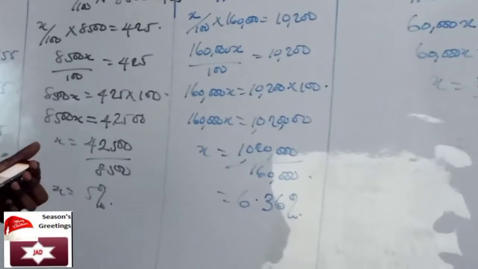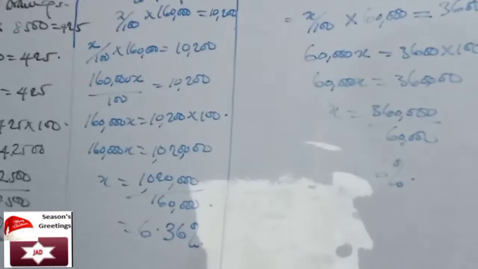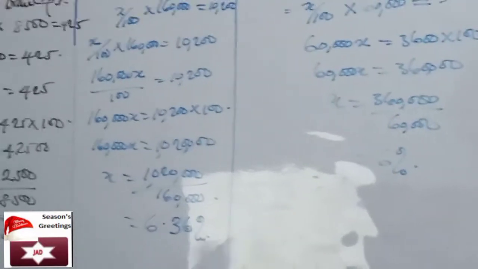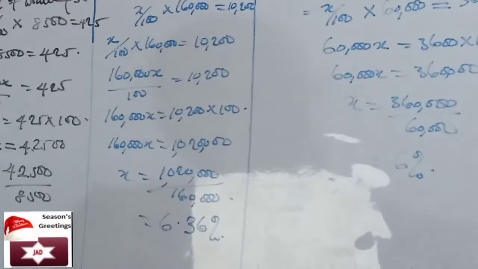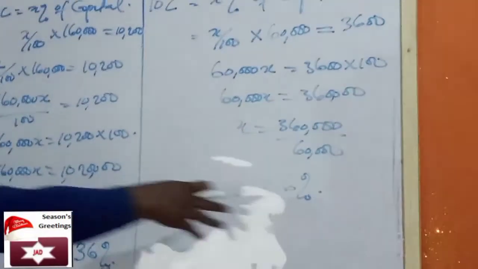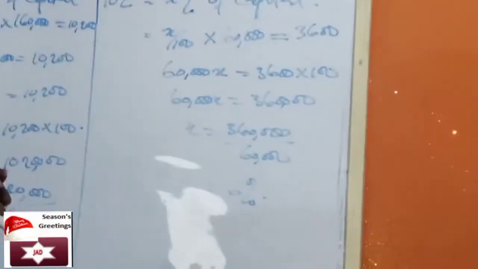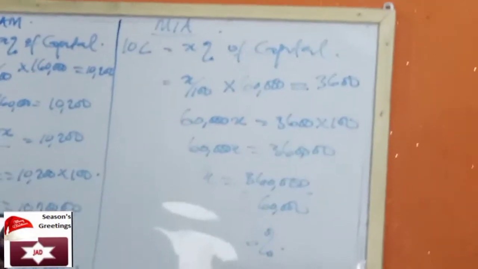So basically, if you're testing that, say 6.36%, times 160,000, we have approximately 10,200. You can see 10,100, that's approximately. And then we have the 6% of 60,000 there, which should give you 3,600.